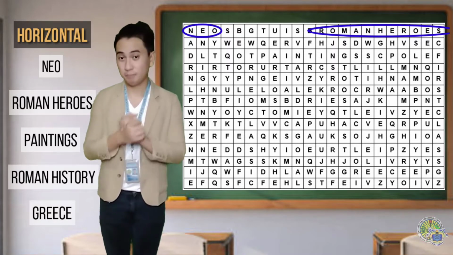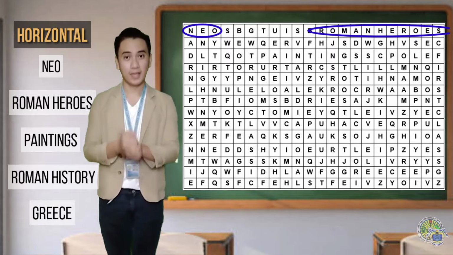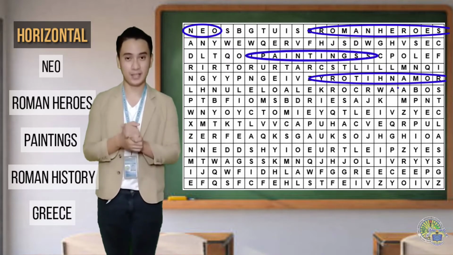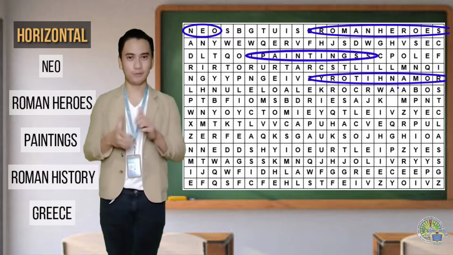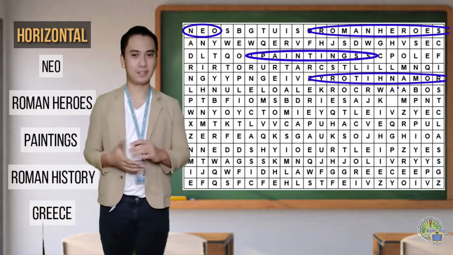How about the words paintings and Roman history? Have you found them already? Okay, we can find them at the upper part and the center part of the table. Very good. Next, try to find the word Greece.